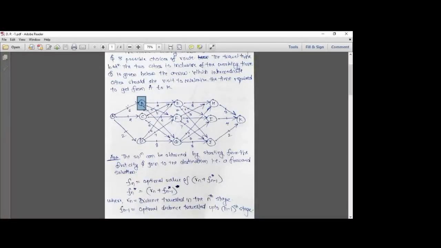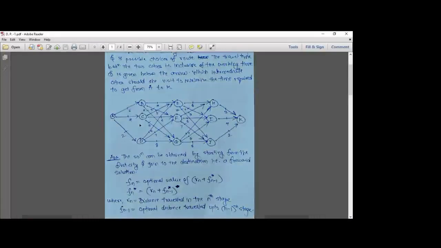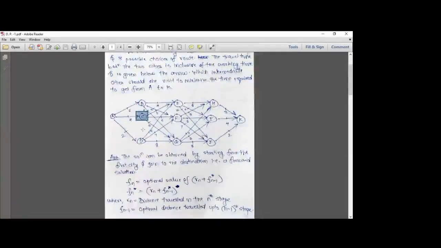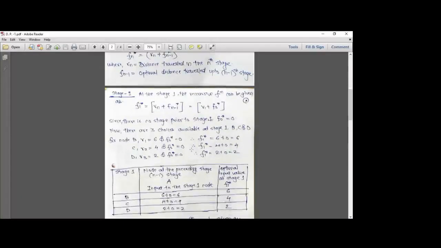The R1 value is nothing but the time required to travel from A to B. So the R1 value for node B is 6. Similarly, the R1 value for node C is 4, and for node D it is 2. The same thing I have written here. So for node B, the R1 value is 6 and the F0 star value is 0.